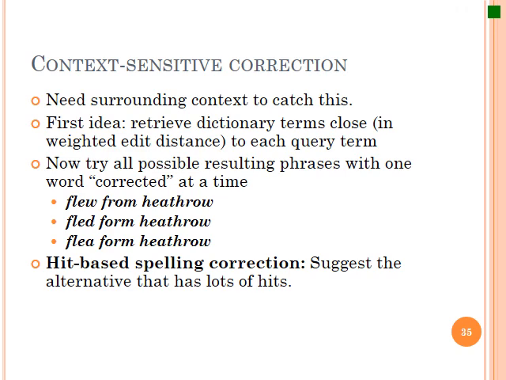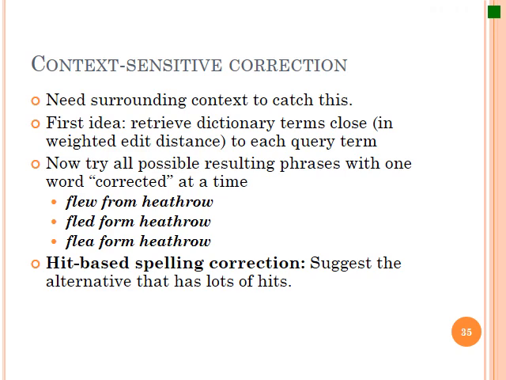Our first idea is that we can retrieve dictionary terms close in terms of edit distance to each query term. And then we can try all possible resulting phrases with one word corrected at a time. That is, given that you asked for "flew form Heathrow", I will take every word in your query and try to vary it a little bit.